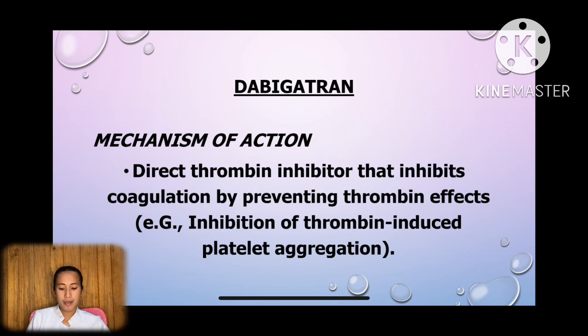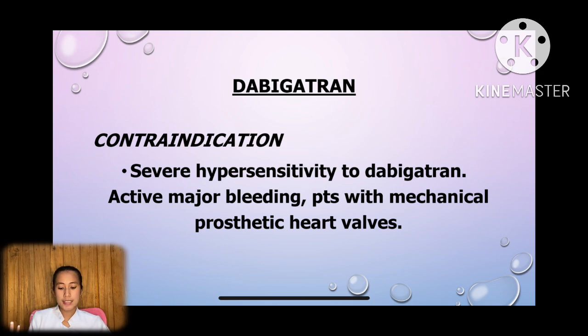Next is the dabigatran. So mechanism of action is that it is a direct thrombin inhibitor that inhibits coagulation by preventing thrombin effects. Example, inhibition of thrombin-induced platelet aggregation. Its contraindication is that severe hypersensitivity to dabigatran, active major bleeding, patient with mechanical prosthetic heart valves.